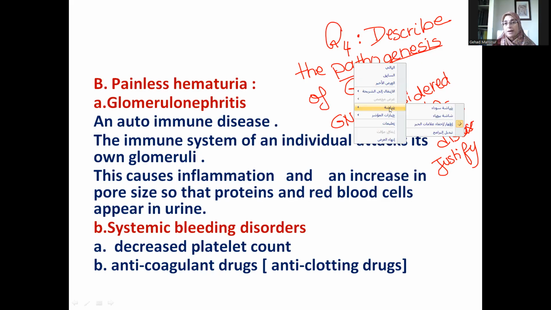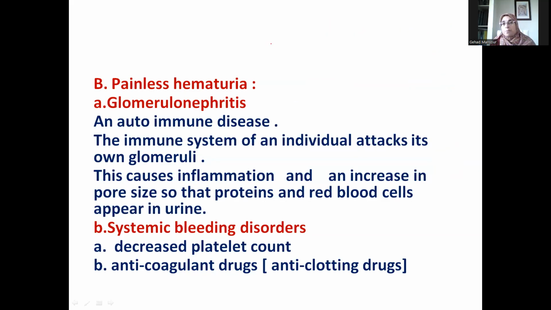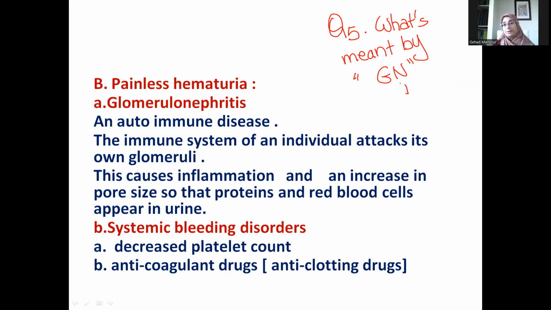First of all, we have to define what an autoimmune disease is, and this definition might be a question. So question number 5 might be, what's meant by glomerulonephritis, or what's meant by autoimmune disease?